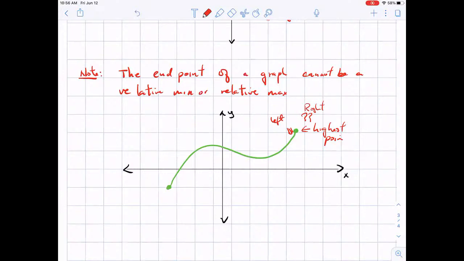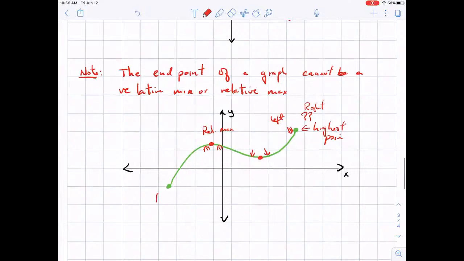Okay. For example, this point here and this point here would be relatives. So this point here will be a relative max because you can compare it from the left and from the right. This will be a relative min because you can look from the left and from the right. And this point here will be absolute min.